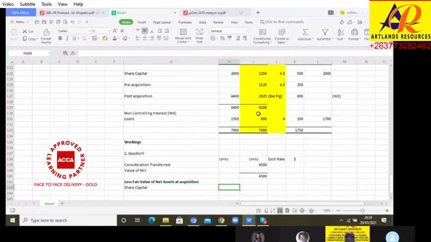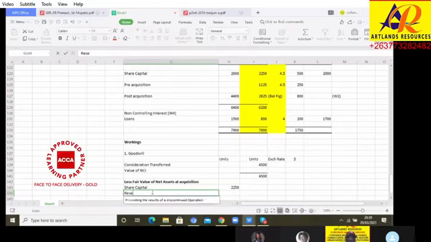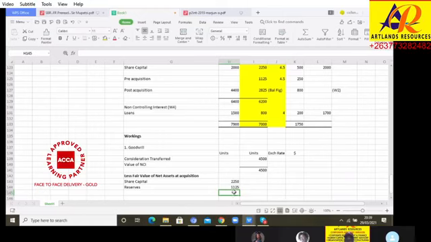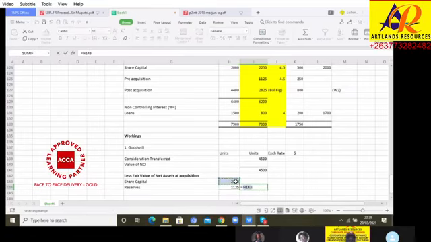Share capital is 2,250. You are taking figures in foreign currency. Reserves, it's 1,125. What was obtaining at acquisition? And you add this to get their sum. You say equals this plus. Remember, check reserves, you take what was there at acquisition.